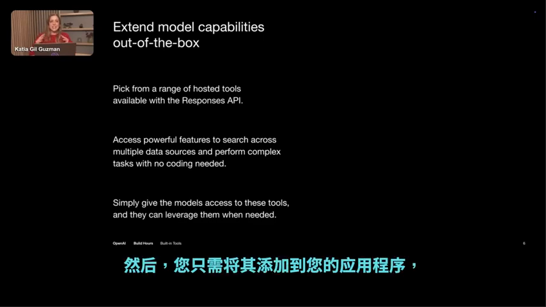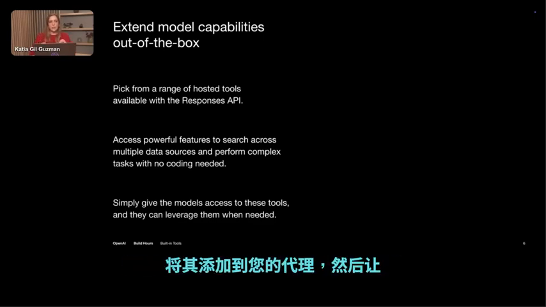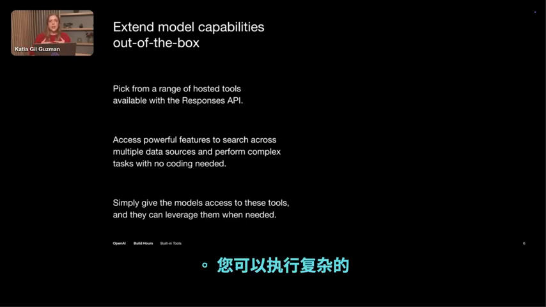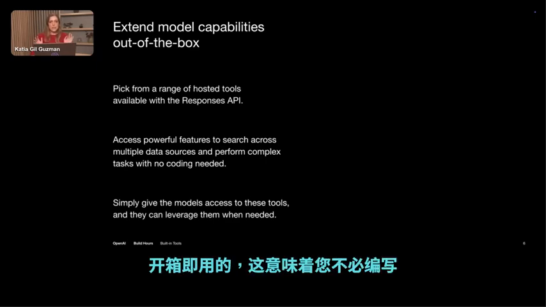And then you can just add that to your app, add that to your agent, give the models access to them, and very easily add these capabilities to your models to, for example, search data, either live data or data in your systems. You can perform complex tasks. And again, since it's out of the box, you don't have to code anything and you can just leverage them whenever you need.